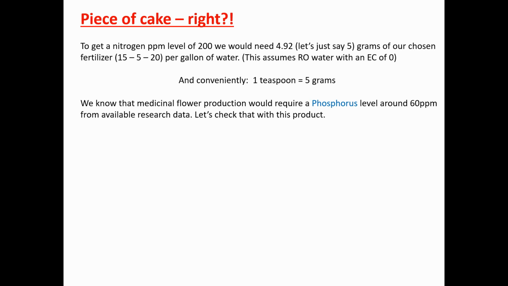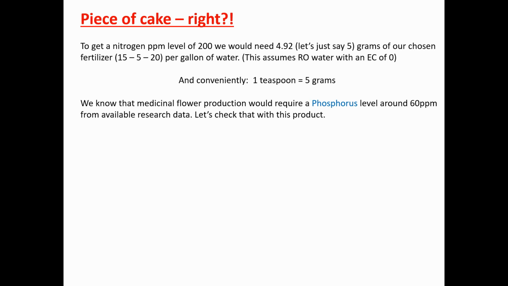But when we put that fertilizer in, we're also putting all of the other elements in, the phosphorus, the potassium, the calcium, and the magnesium. But we have to figure that on the amount that we put in already to get to the 200 parts per million of nitrogen.